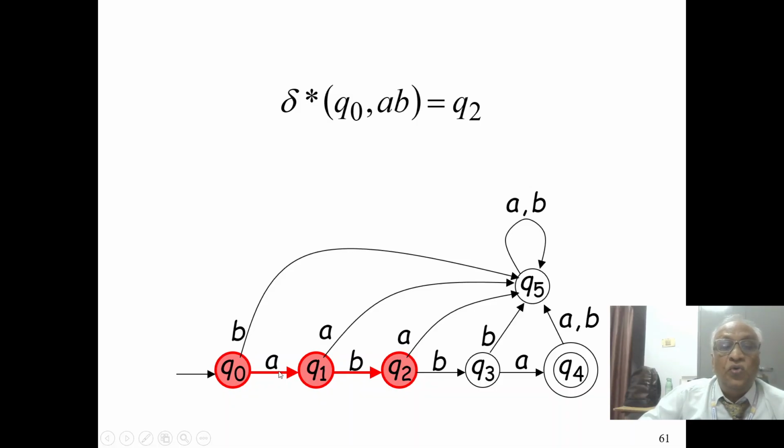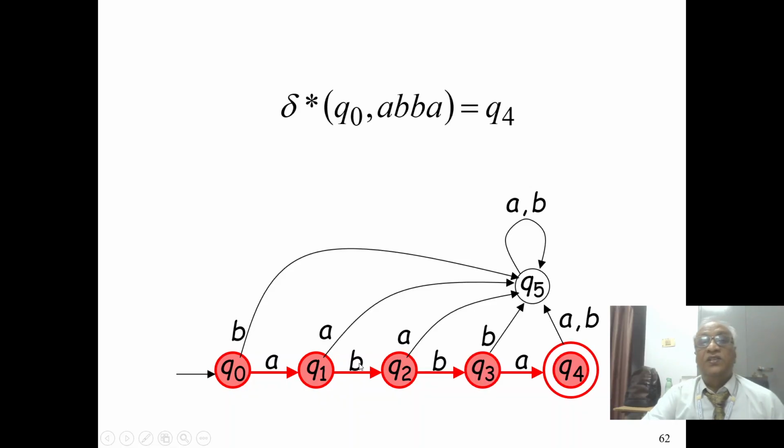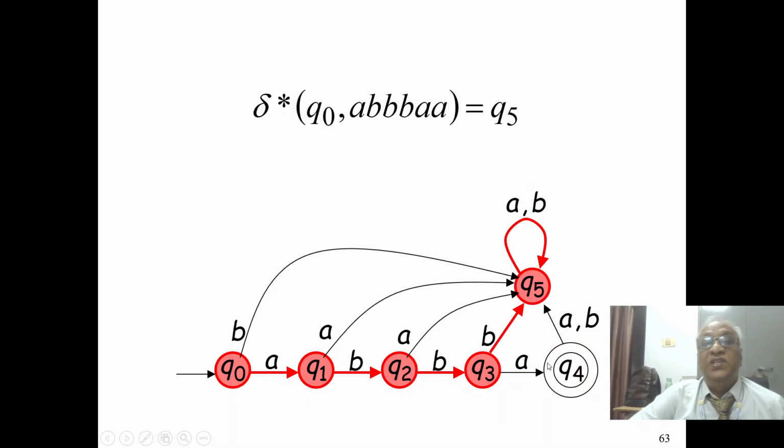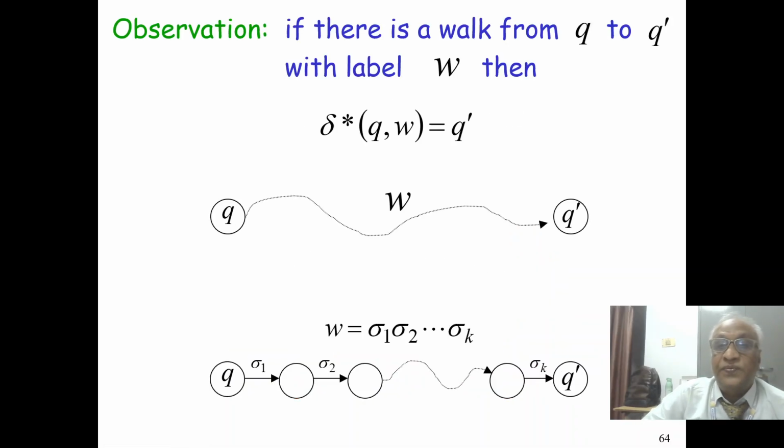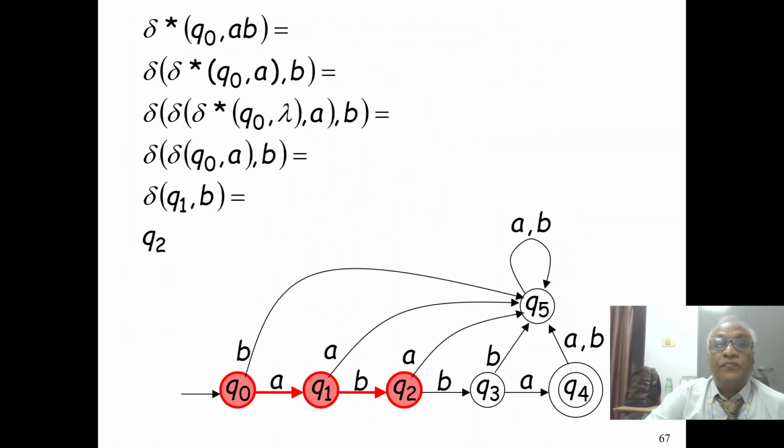So Q0 given A will reach Q1. Q1 given B will reach Q2, like this. This is the extended transition function. Same thing here, delta star Q0 comma ABBA. So ABBA, it will be reaching the final or accepting states. So ABBBAA will be reaching Q5 state. So like that.